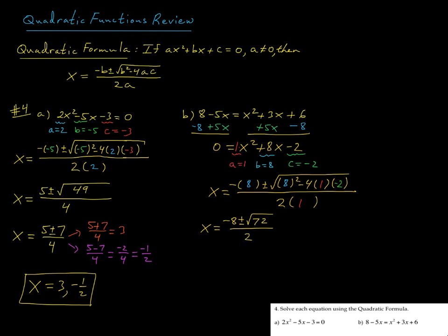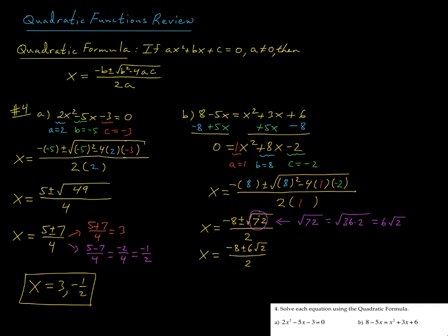And now I can break this down a little bit further, because the square root of 72, well, 72 is 36 times 2. 36 is a perfect square, so the square root of 36 is 6, and then I'm multiplying that by the square root of 2. All right, and so this then is minus 8 plus or minus 6 root 2, and then we're dividing everything by 2.